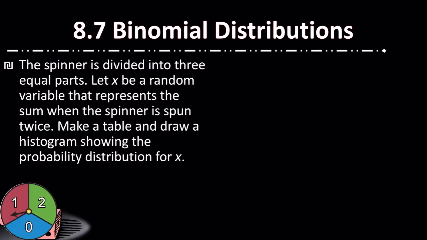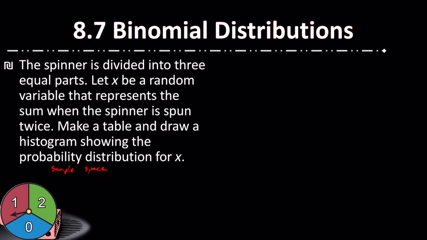All right, so let's say our spinner here is divided into 3 equal parts: 0, 1, and 2. Let x be a random variable that represents the sum when the spinner is spun twice. Make a table and draw a histogram showing the probability distribution. The first thing we need to do is have our sample space.